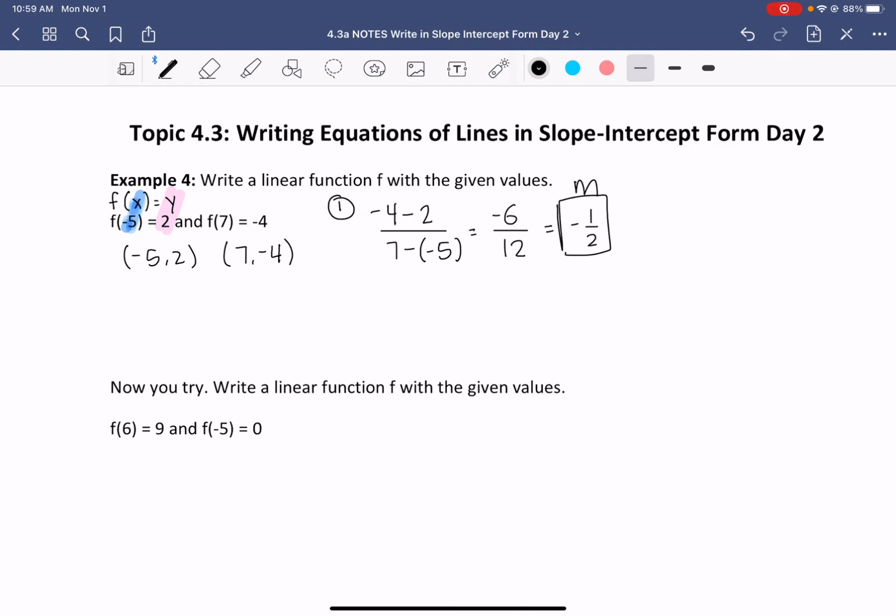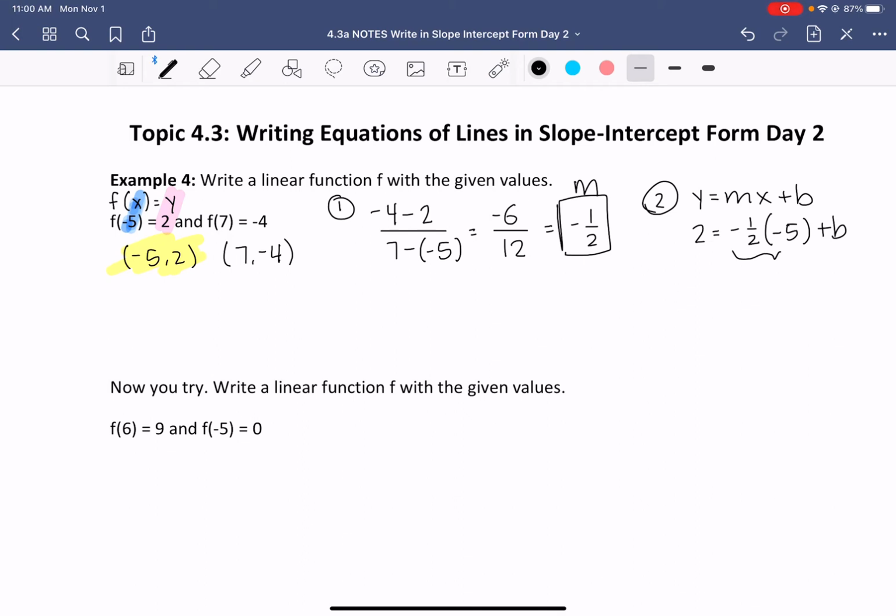All right. Step 2 is we're plugging everything we know in. We're going to use -5, 2. So we have y equals mx plus b. Our y value is 2, our m is -1/2, our x is -5, plus b.